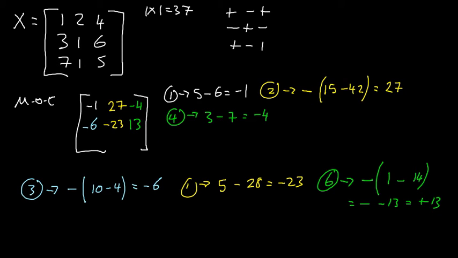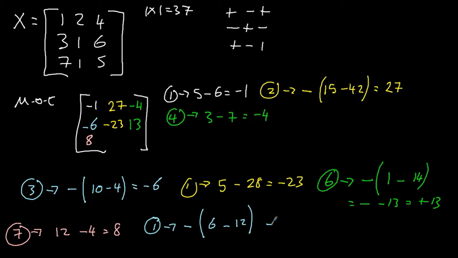We're getting there now. For the 7, that gives us 2 lots of 6 is 12, take away 1 lot of 4, so that's 8, and because of its position it's positive, so it stays put, it's just 8. For element 1 on the bottom row, second column, that gives us minus, because of its position, 1 times 6, take away 3 4s, so that is minus minus 6, which is 6.